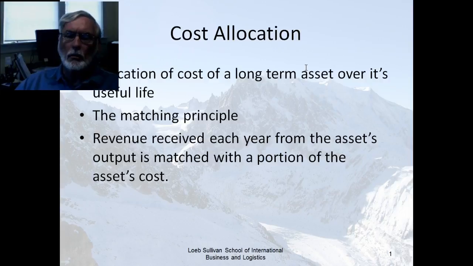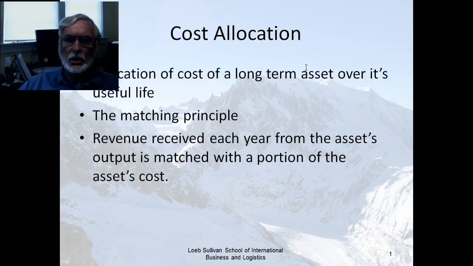When we calculate or allocate cost for a car or a truck or any asset, what we're really doing in accounting is putting the cost across the useful life of the asset and using that principle that we've already talked about, the matching principle, to match the expense with the revenue.